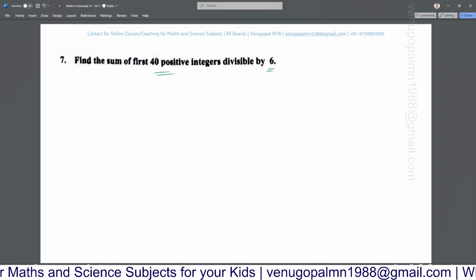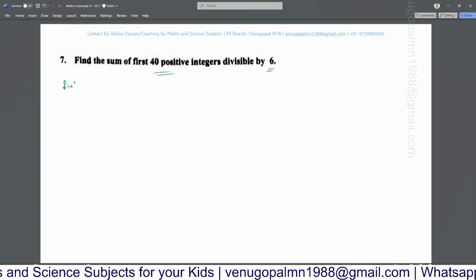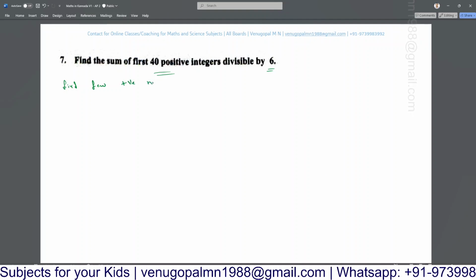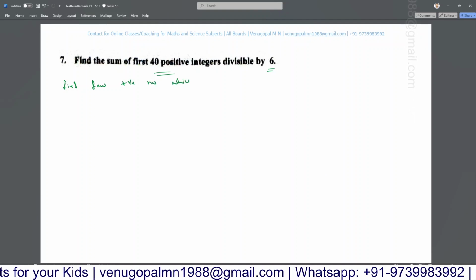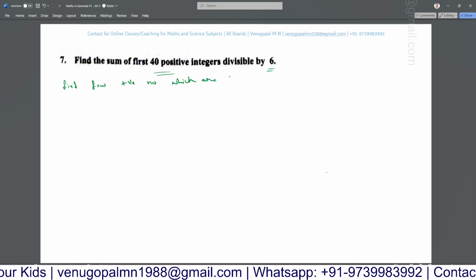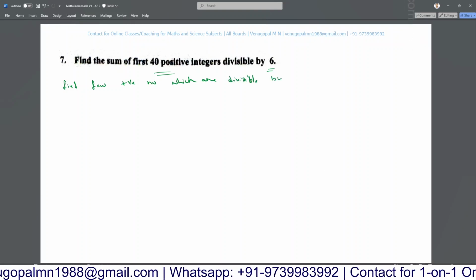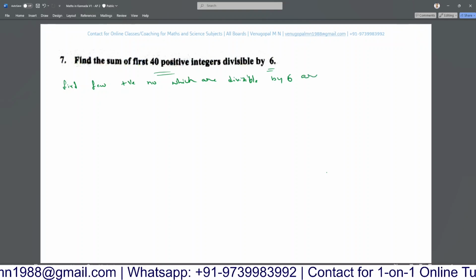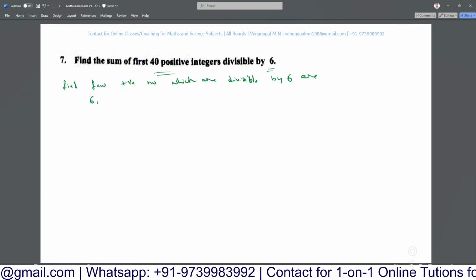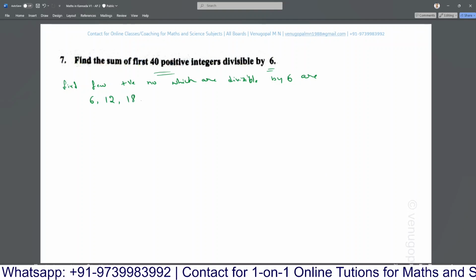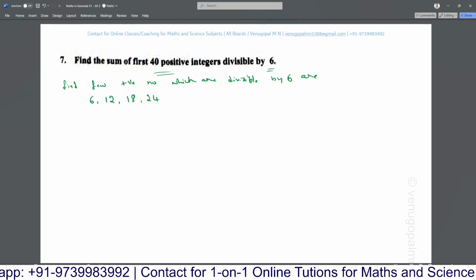So the first few positive numbers which are divisible by 6 are 6, 12, 18, 24, and so on.